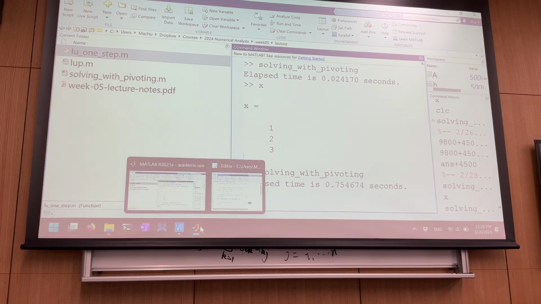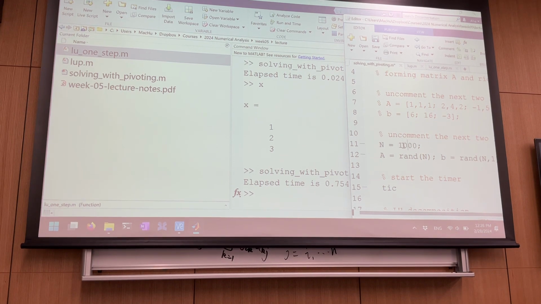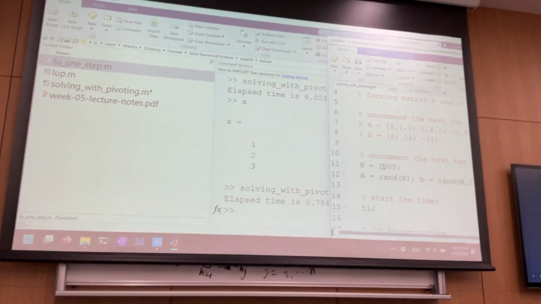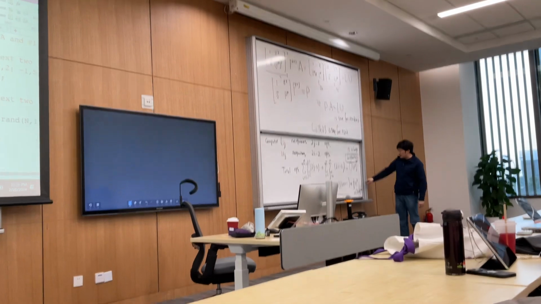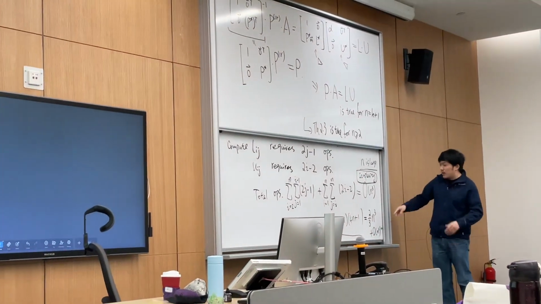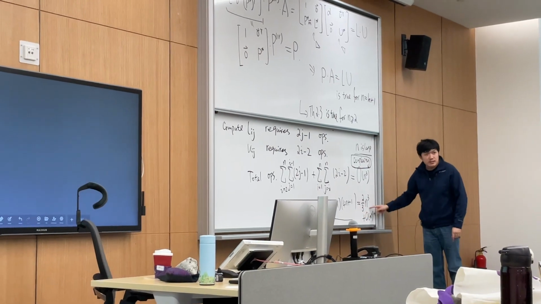But now let's say this n is 500. I want to turn it to be 1,000. So it's twice the size of the matrix. Then with the estimation of the number of operations here, what time should it take? Here, the n is already large, so pretty much the number of operations is dominated by this term.